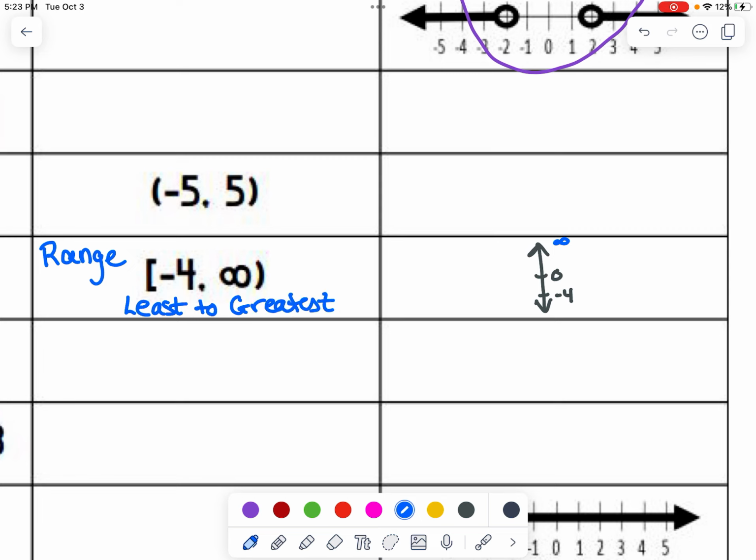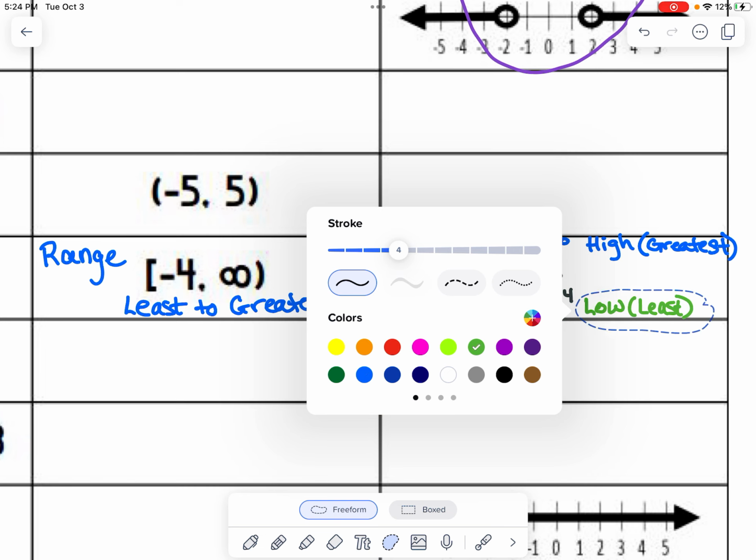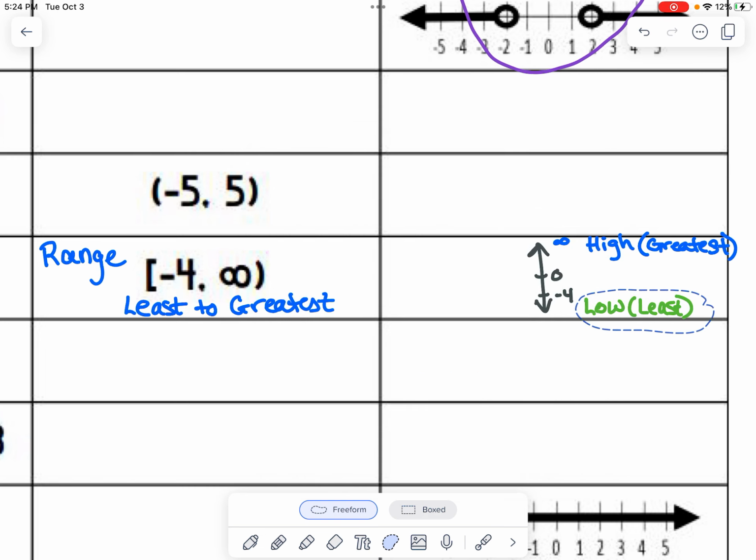So this is going to be least is low. And then to high, also known as greatest. And I want to color code this the way I like, so I'm going to go like this, style, green. Okay. So my -4, so that's included.